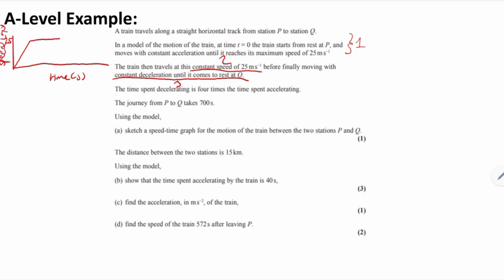As it takes longer to decelerate, the constant deceleration will be lower, so we can draw a line which is less steep. We label here as t, which is how long it takes to accelerate, and here as 4t, which is from here to here. So this is part 1, this is part 2, and this is part 3.